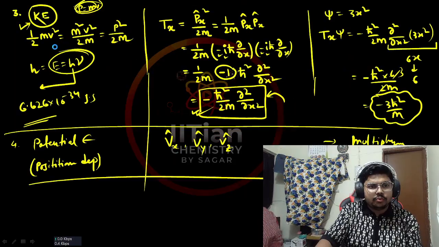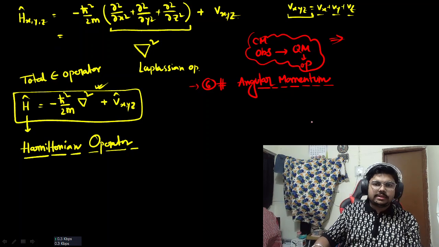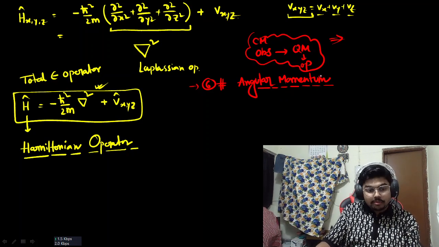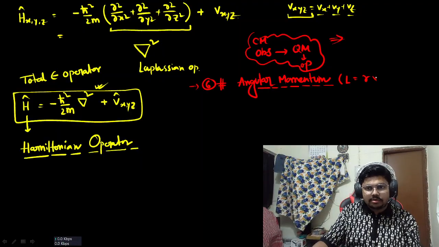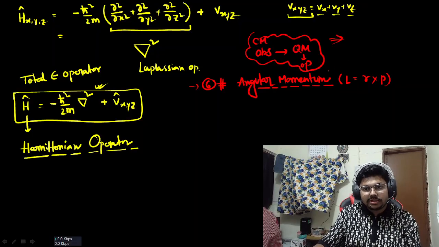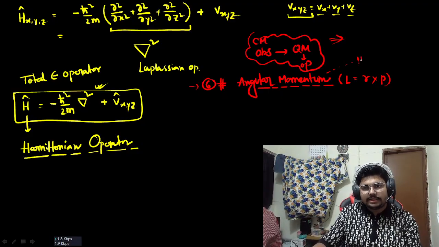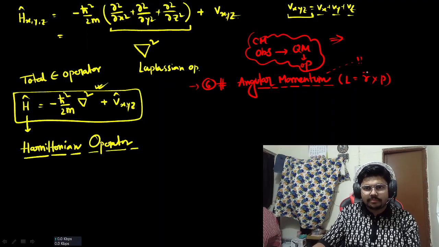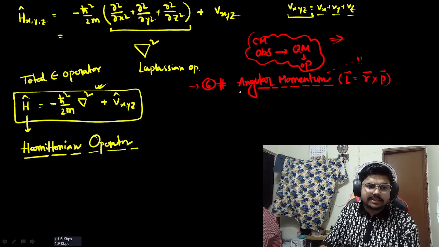In point number 2 we have seen linear momentum. Now there is another thing called angular momentum. It is denoted by L equal to R cross P. Before proceeding to the next class, I am requesting you to read a very basic thing about angular momentum. In classical mechanics, what do you mean by angular momentum? Just read this and let's meet in the next class.